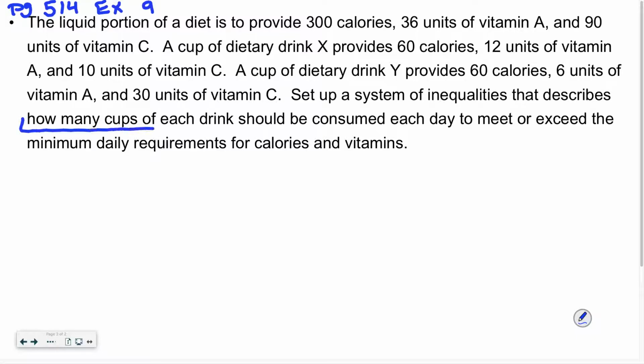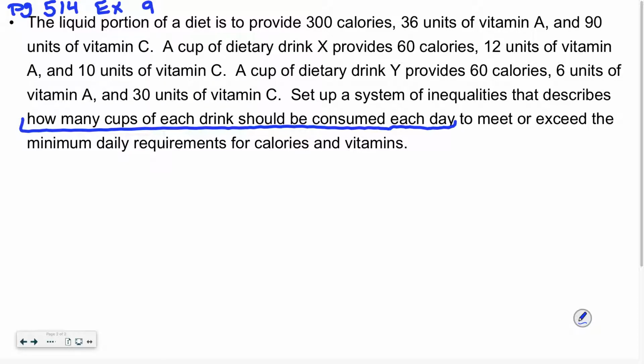How many cups of each drink should be consumed each day to meet all of the requirements of the 336 and 90? Okay, meet or exceed. That's where inequality is going to come into play. Okay, so we know information about the calories and the vitamins, but we don't know how many cups of X and Y we should drink in order to fulfill that.